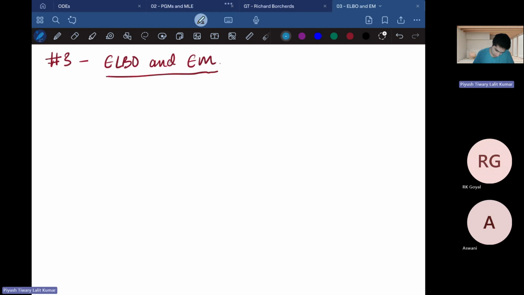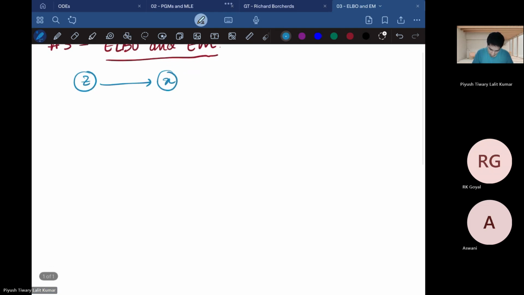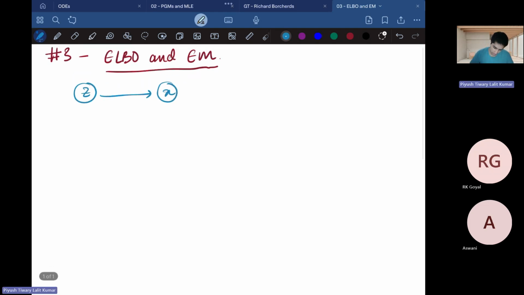Now let us rewrite our PGM, which looks like this, right? So let's say what do we want?